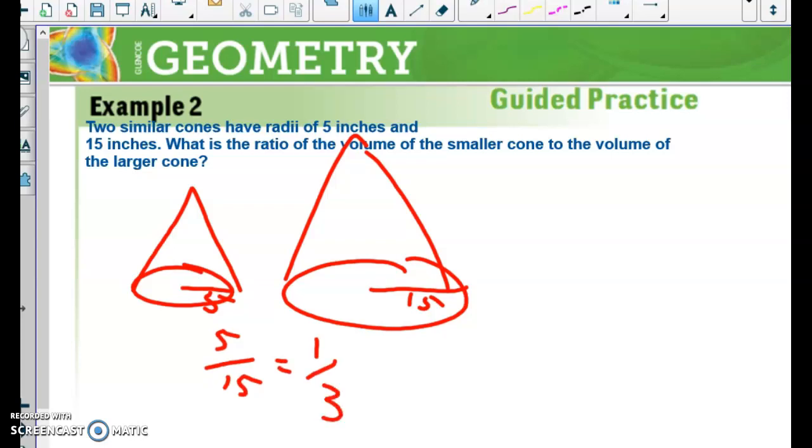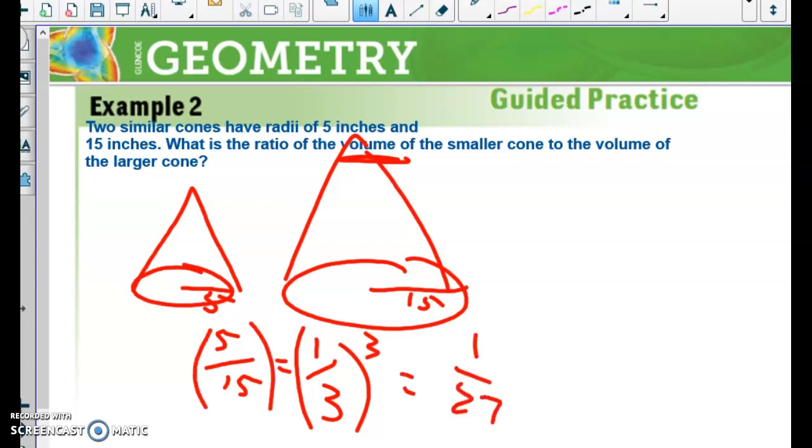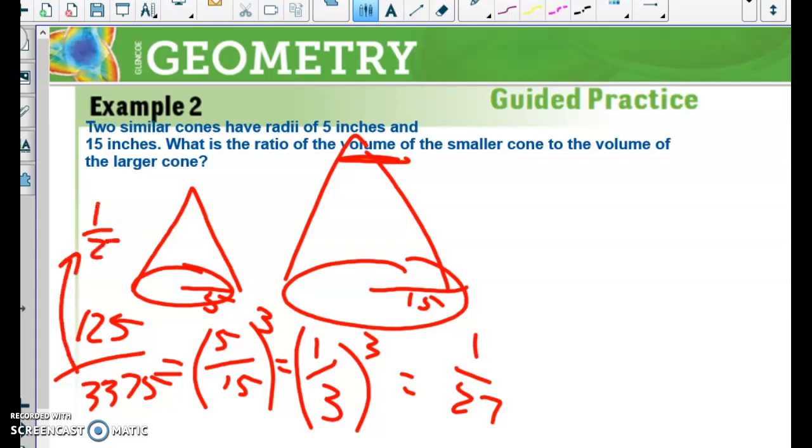So we have a ratio of lengths, and they ask us for a ratio of the volume, so I'm going to cube that, and I get 1/27. If I would cube this, I get 125 over 3375, but if I simplify that, I end up with 1/27. So it doesn't matter if you simplify or not. If you simplify, the numbers are just easier to deal with.